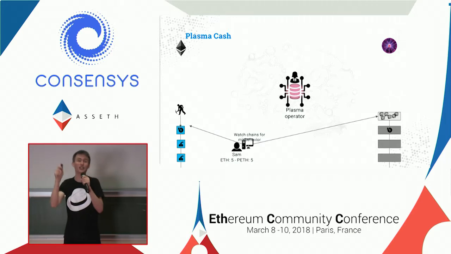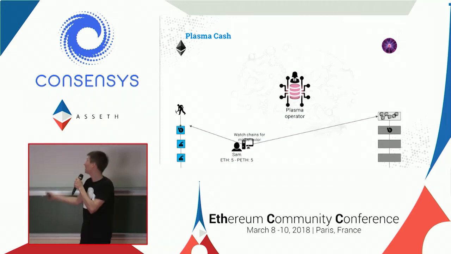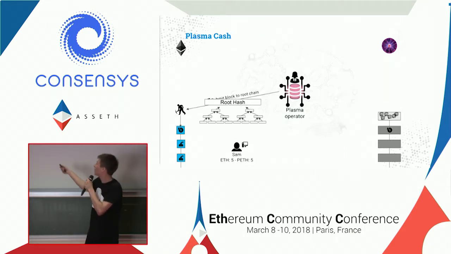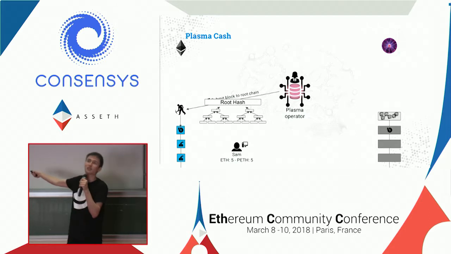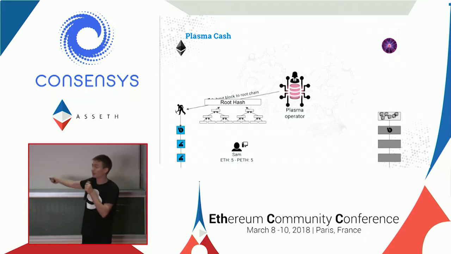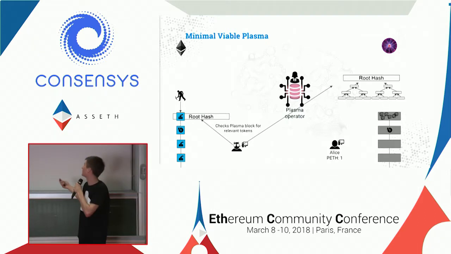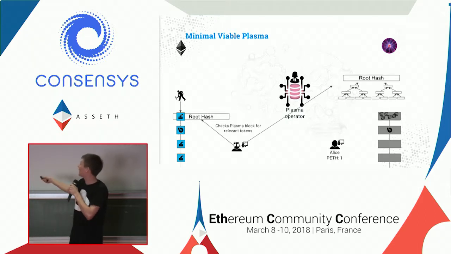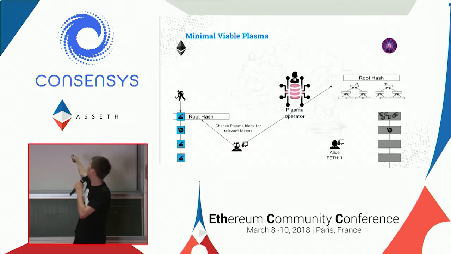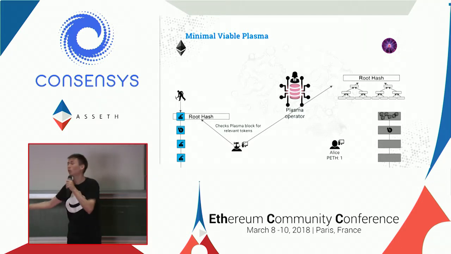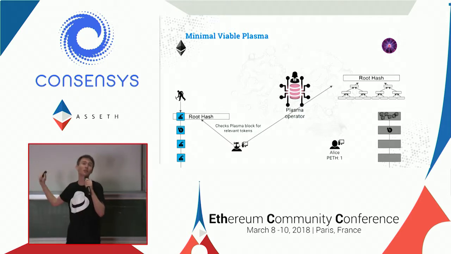However, in Plasma Cash, the exciting thing is we give a serial number to individual tokens. Now, what does this actually do? This means that right before we were submitting this root hash, and we're still submitting a root hash. Technically we're submitting two root hashes, but I won't go into the details. But the important thing is that now Alice can just check for coins that are relevant to Alice, or Sam can check for coins that are relevant to Sam.